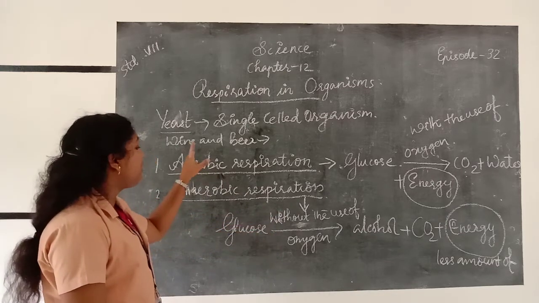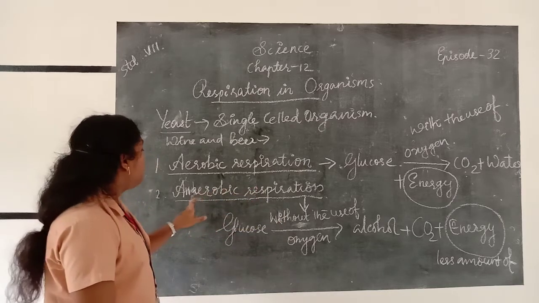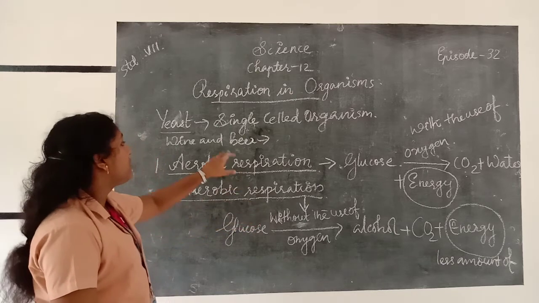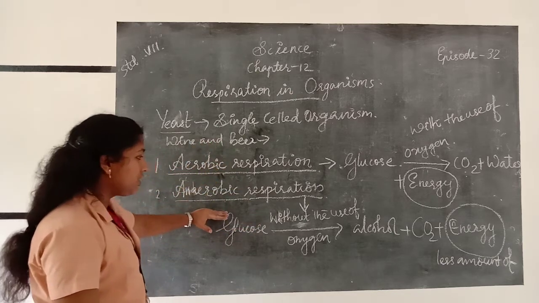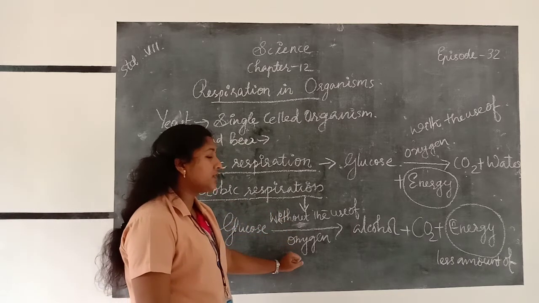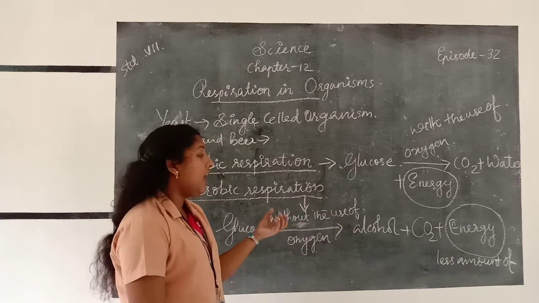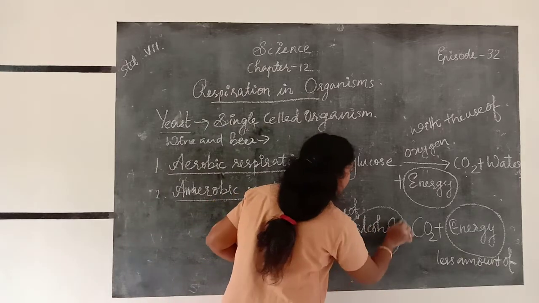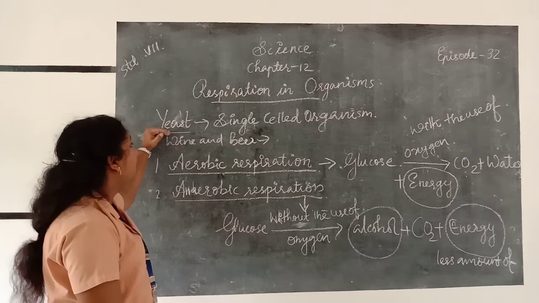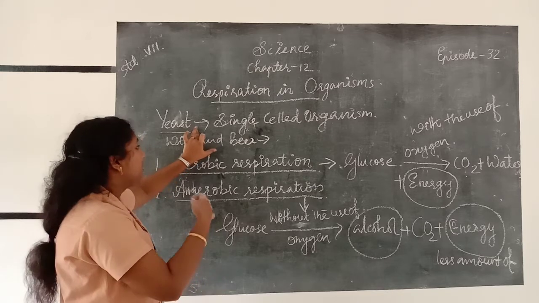The yeast does not need the presence of oxygen to respire. In anaerobic respiration, glucose breaks down without oxygen and releases alcohol, carbon dioxide, and a less amount of energy. Like this, yeast also respires anaerobically, and it releases alcohol during respiration.